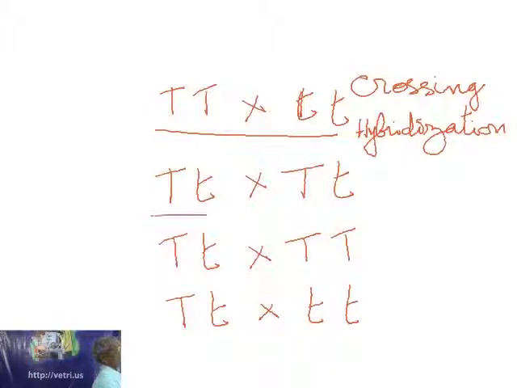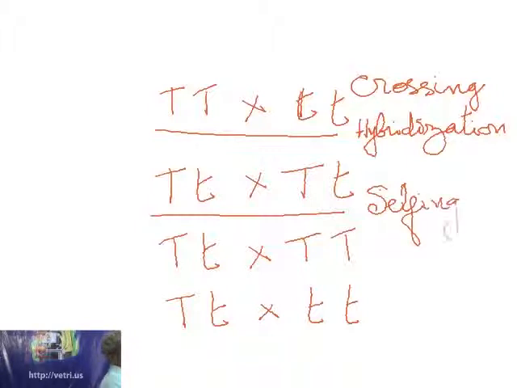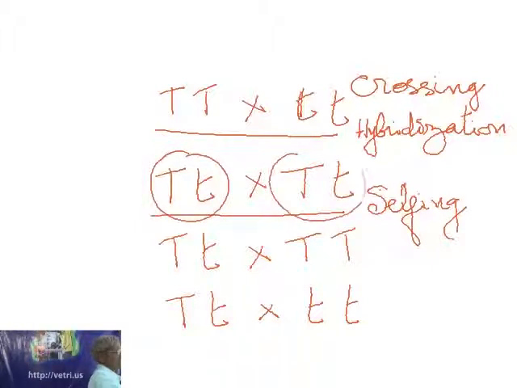Now, this is what is called selfing. It is also called self-pollinating or self-fertilizing. Selfing the plant, self-fertilizing the plant, or self-pollinating the plant, any terminology you can use. Now, what is selfing a plant? You take one plant and cross it with the same variety.